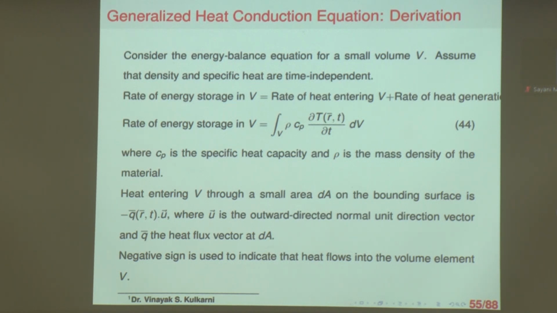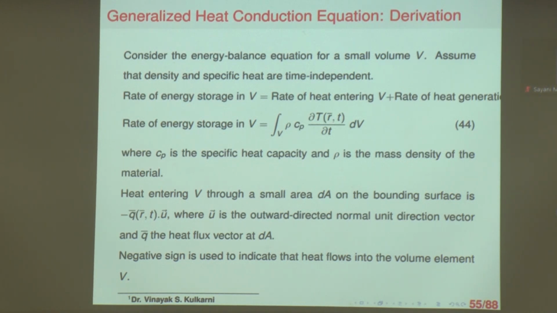I will have to consider the heat energy entering this particular volume through the bounding surfaces. These are the bounding surfaces, from where the heat energy is entering into this particular solid. This is number one source of energy. The other source of energy is known as the internal heat generation. As I told you, the problems of heat conduction are basically related to internal heat generation.